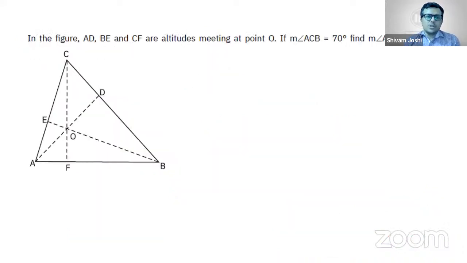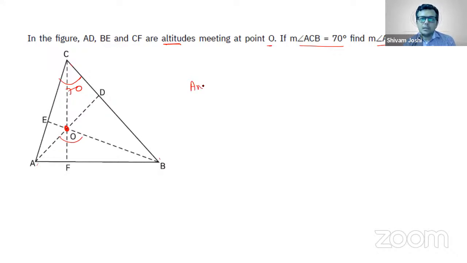Let's look at the next question. In the figure, AD, BE, CF are the altitudes. The moment you read that they are altitudes, this point becomes the orthocenter, isn't it? They are meeting at point O. ACB is 70. Find out AOB.